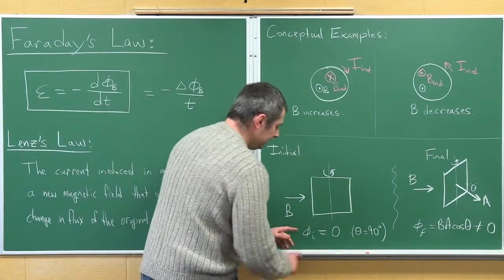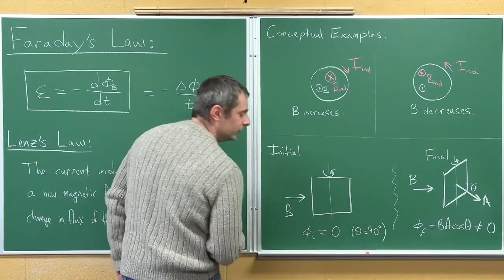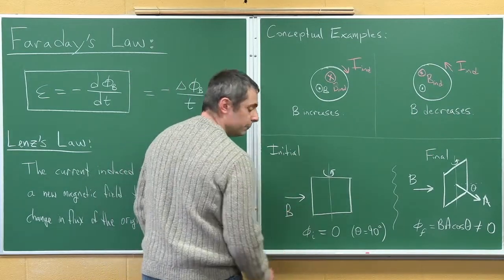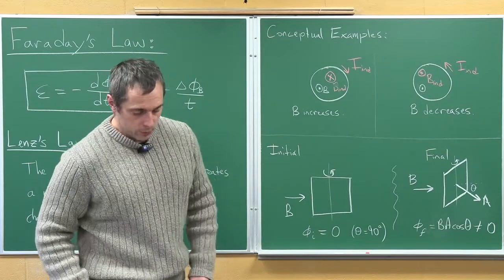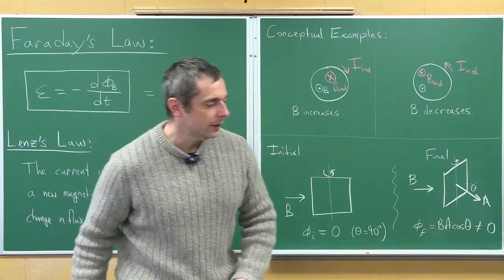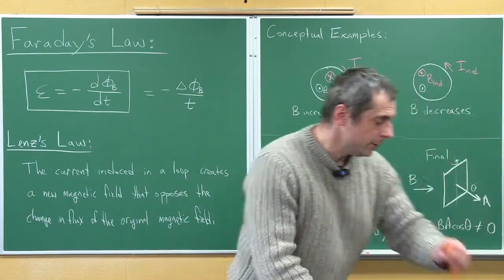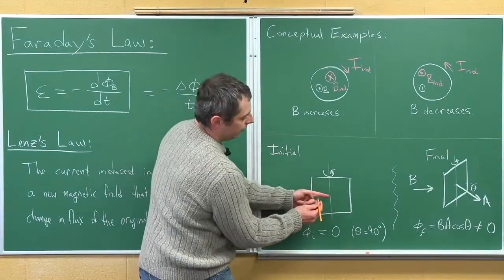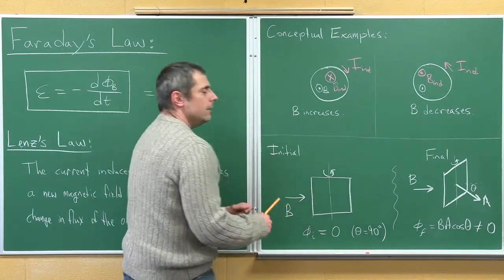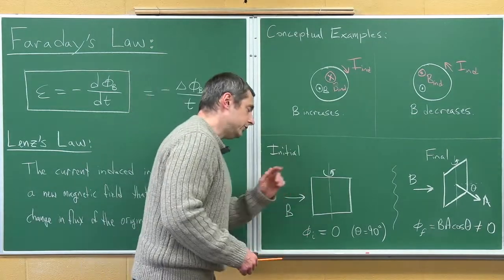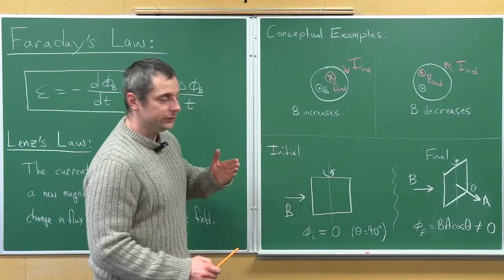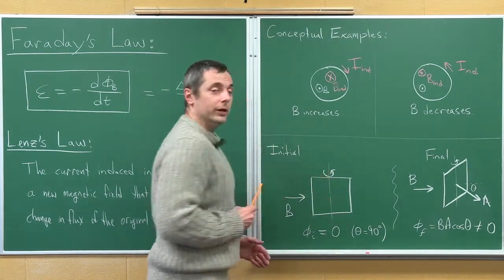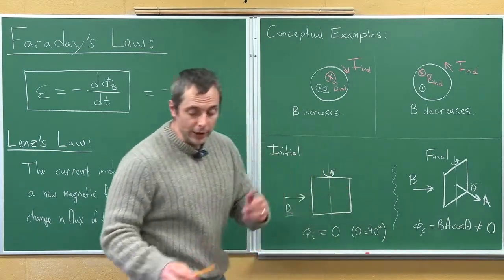So in the beginning, I have zero initial flux, because the area vector points out of the board like this, and the magnetic field goes along the board, so there's 90 degrees. BA cos 90 gives me zero flux in the beginning. Or you could just say none of the field is poking through the surface, it's running along it, either way.